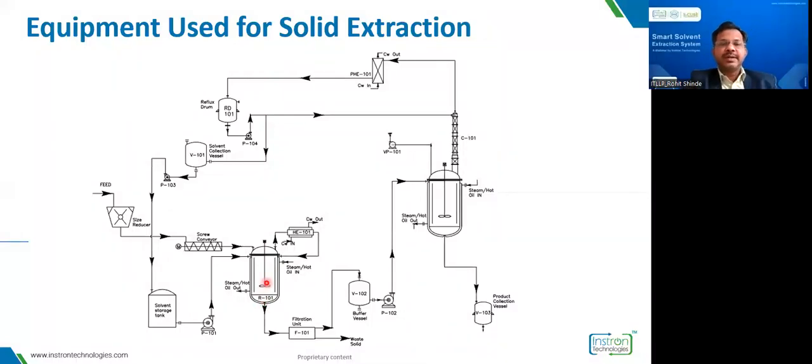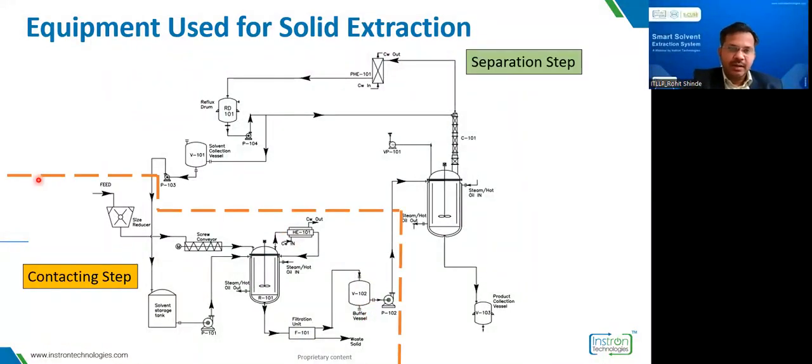After some time, the contacting step is terminated and the feed mixture is passed to the filter so that unwanted components can be removed. The remaining mixture is collected in a separate tank. Now here, if you can see the dotted line, below the dotted line is the contacting step, and all the equipment used in the contacting step is here.